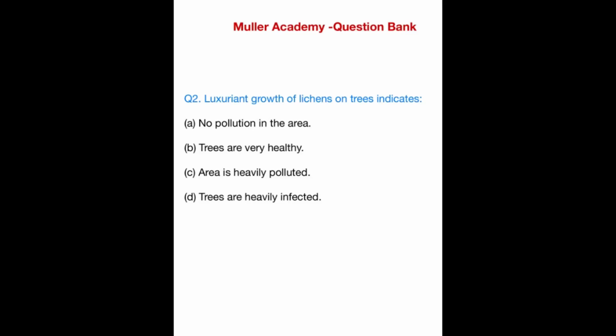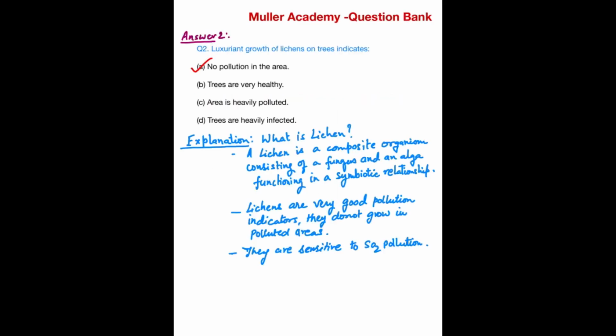So let's come to this. First of all, what is lichen? Lichen is an organism which constitutes a fungus and algal symbiotic relationship, and these are very good indicators of air pollution. So the very first option here is correct, that there is no pollution in the area.